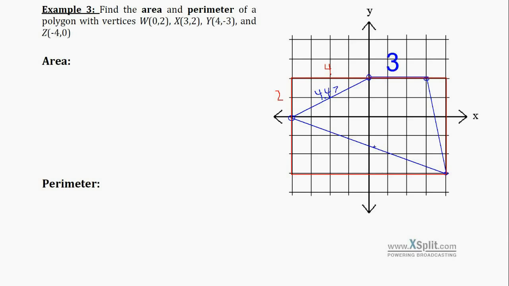It goes 1, 2, 3. This side on the bottom, we have a 3 by a 1, 2, 3, 4, 5, 6, 7, 8, yes. A 3 by an 8 triangle.